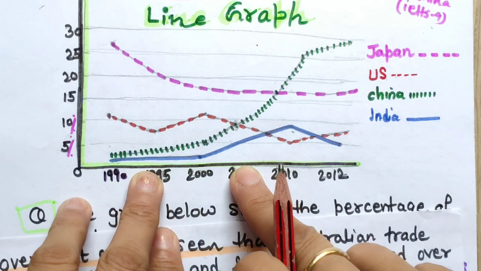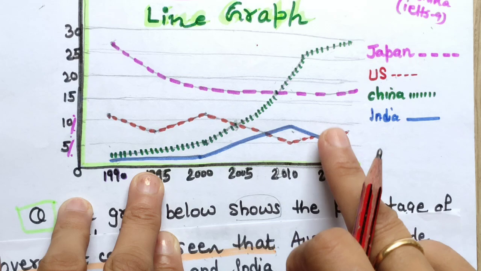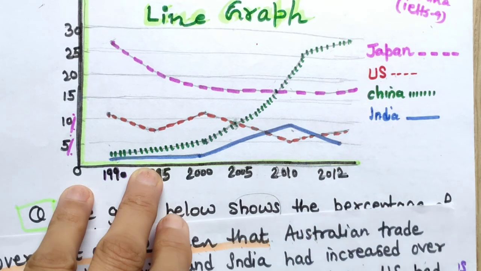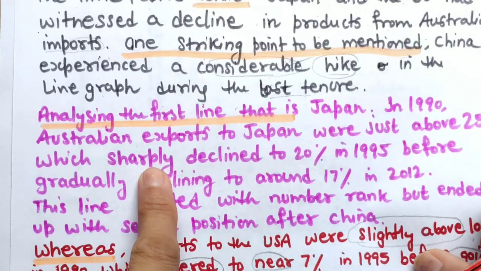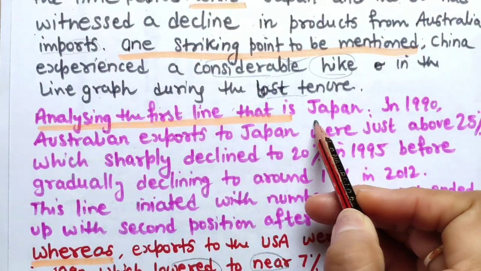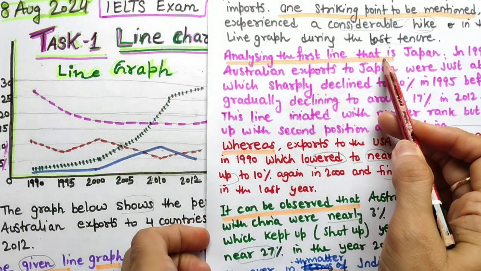You can divide accordingly, but I have written a separate paragraph for each line. First we will talk about Japan. Analyzing the first line, that is Japan.